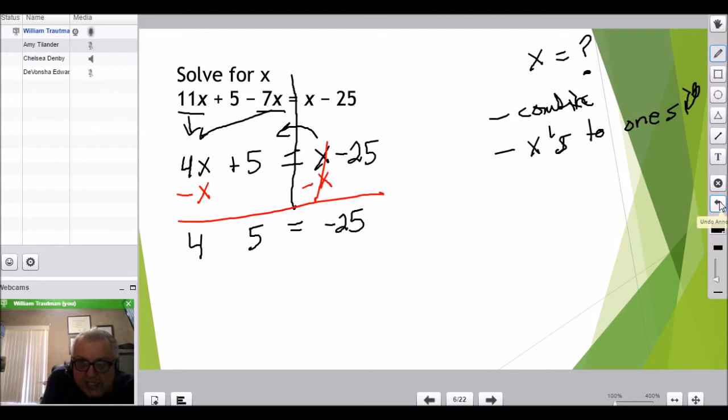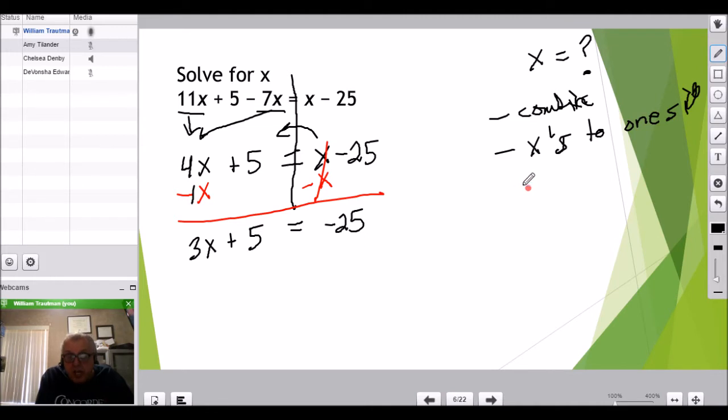If you're subtracting, don't forget there's an invisible 1 right here. So this is 4x minus 1x, and you get 3x. I see a lot of people do some stuff that aren't the real rules. If I was dividing it, the x's would cancel, but I'm subtracting it. So 4x minus 1x is 3x.